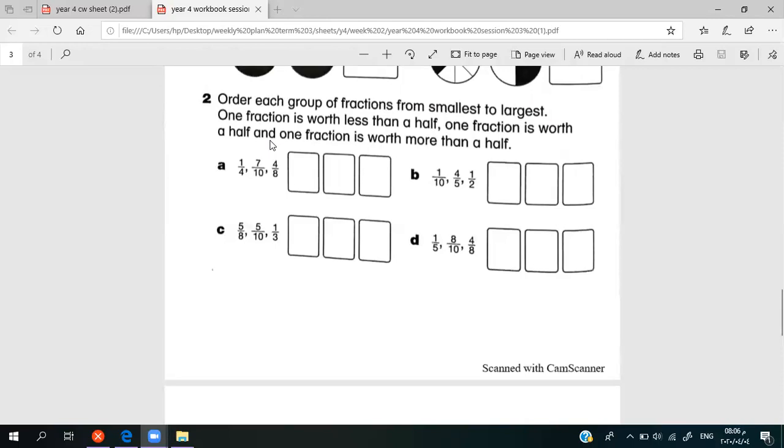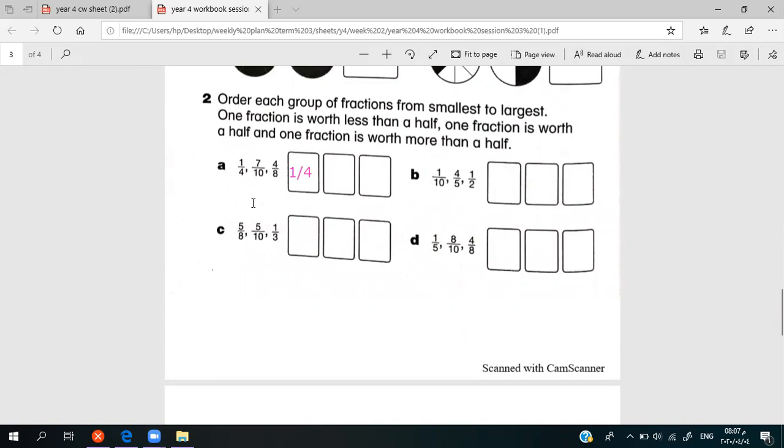Okay, let us see. 1 over 4, a quarter. Definitely we're big enough and old enough to know that a quarter is smaller than a half, right? So definitely it's 1 over 4 first. Now this fraction is smaller than half. Now where's the fraction which is equal to a half?